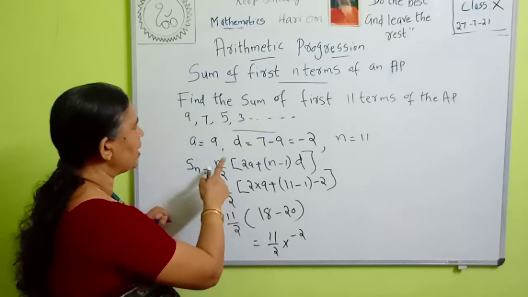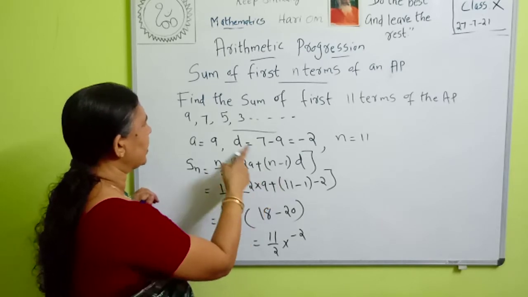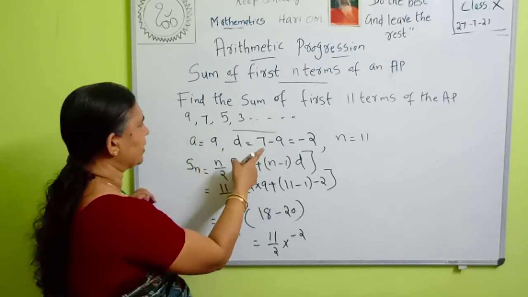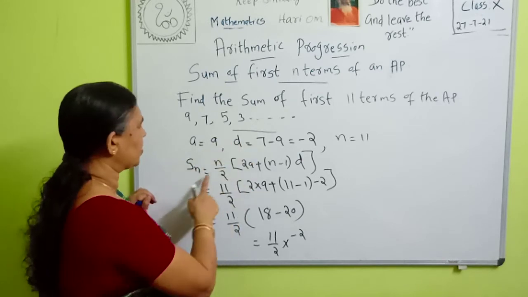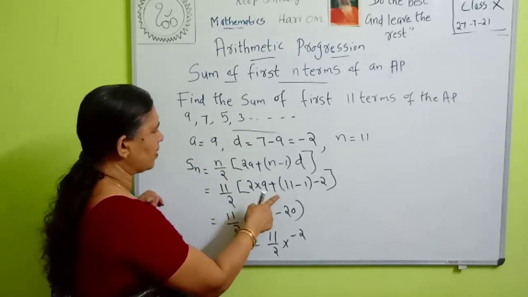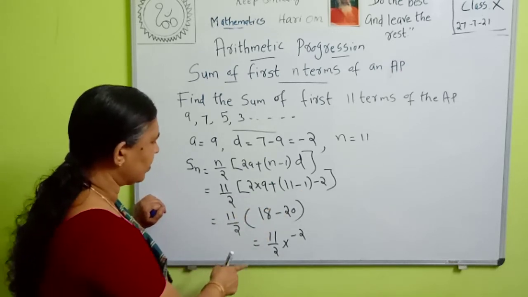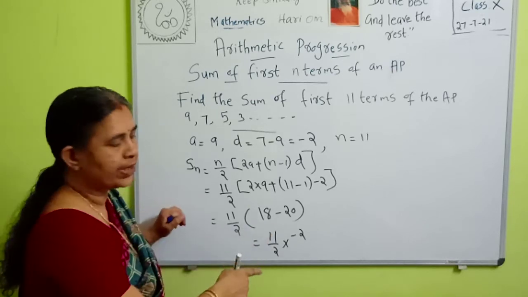Sn is equal to n by 2 into 2a plus n minus 1 into d. Here d is equal to 7 minus 9. That is minus 2. N is equal to 11. So Sn is equal to 11 by 2 into 2 into 9 plus 11 minus 1 into minus 2. So 11 by 2 into 18 minus 20. That is 11 by 2 into minus 2. So 2 and 2 cancel.